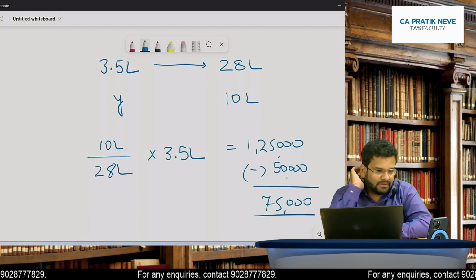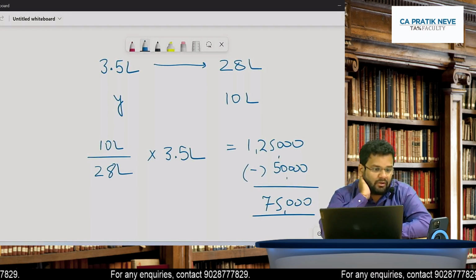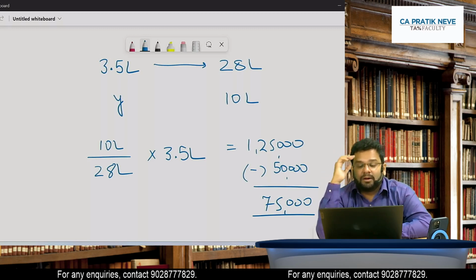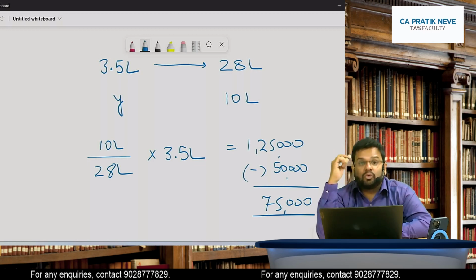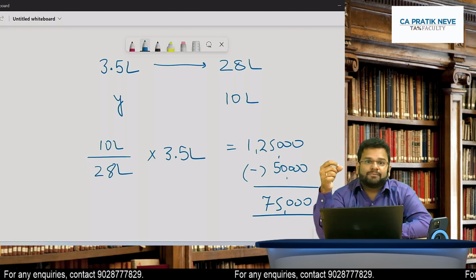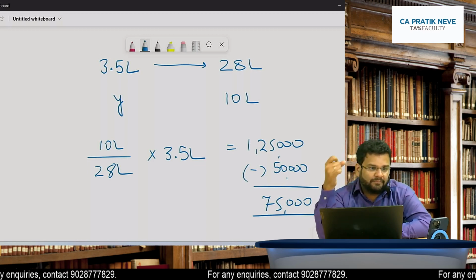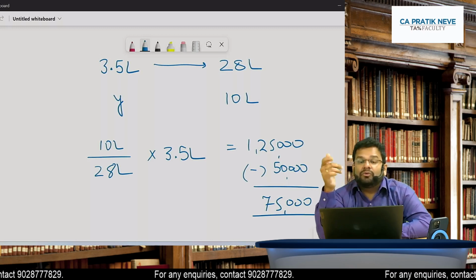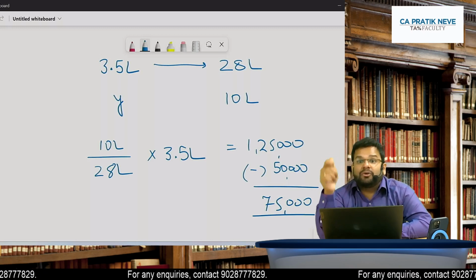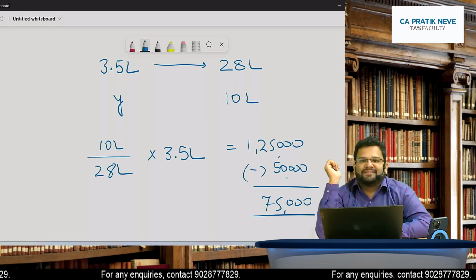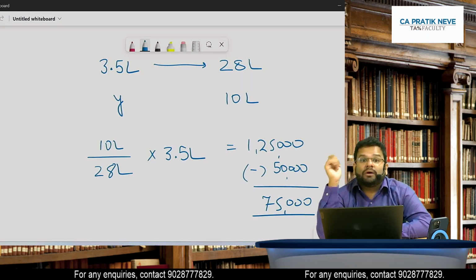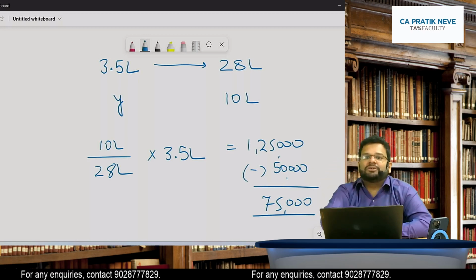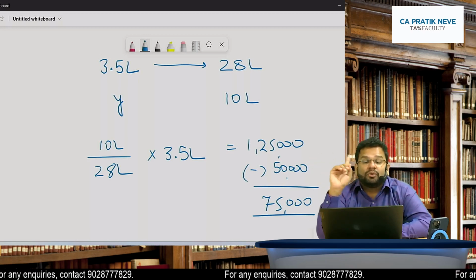Sir, in the third transaction, why not consider it? Third transaction means, are you talking about that supply to EOU, export oriented undertaking? Yes. Now nowhere it is said that supply to EOU is zero rated. Mind you, supply to SEZ is zero rated, and direct exports are zero rated, but not a supply to EOU.